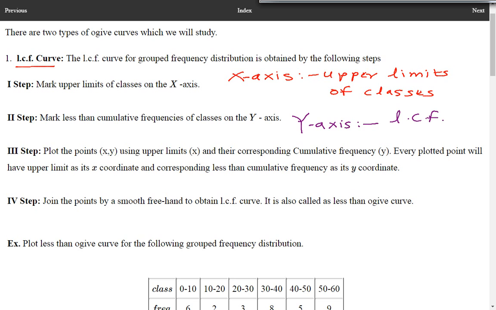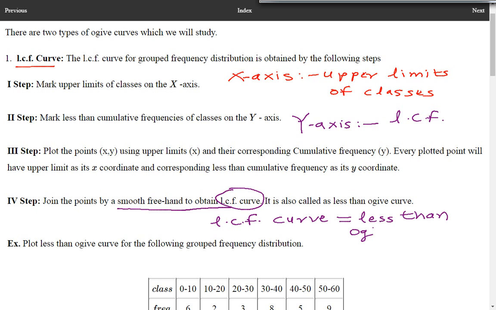Then all points are joined by a smooth freehand curve to obtain the LCF curve. The LCF curve is also called the less than Ogive curve.